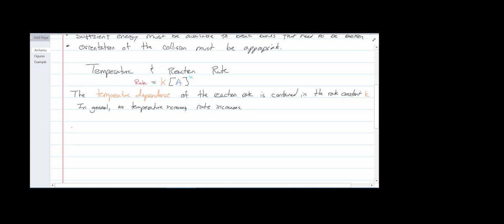Okay, so now the famous chemist, savant, which I like his name, Arrhenius, he was the one that gets credit for the temperature dependence of the rate constant.